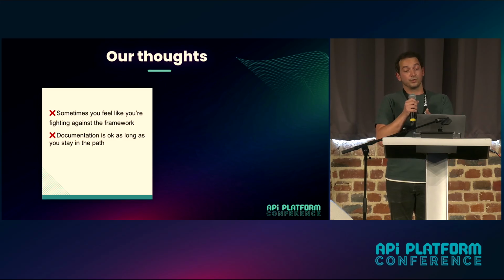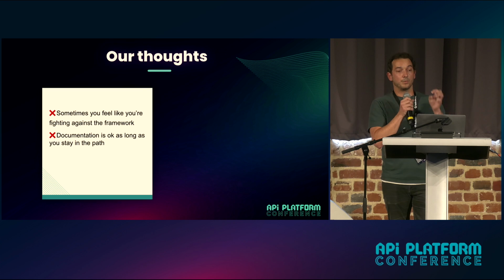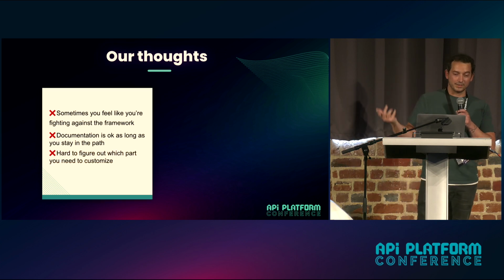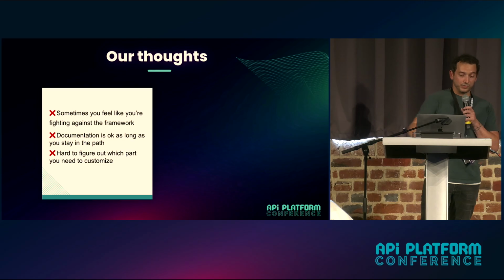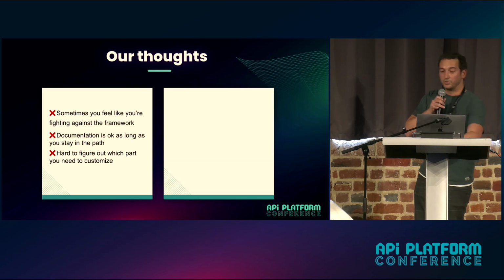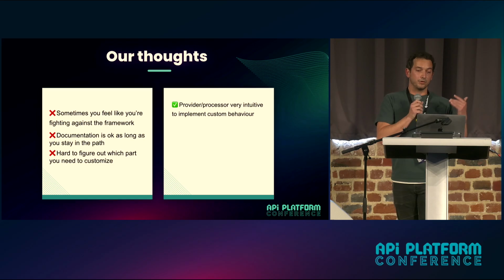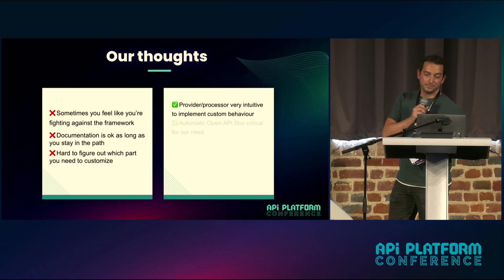Sometimes you need to find things by yourself where you will need to modify something, which was kind of hard to figure out, but not impossible. And mostly because there is already a clear definition of what the provider and the processor need to do, you can understand very easily early in the process how you can customize API Platform.